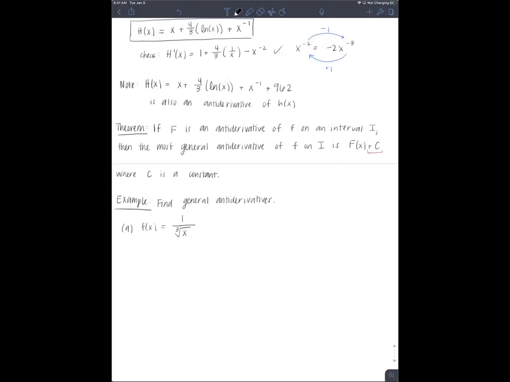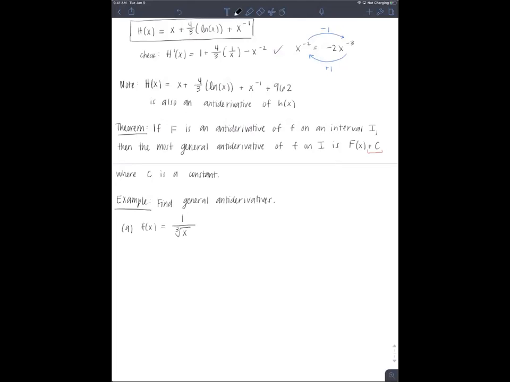I'm going to start this problem the same way I started the first 3 examples for this section. I'm just going to find whatever function I took the derivative of to get this, but then I'm just going to add plus c at the end of it.